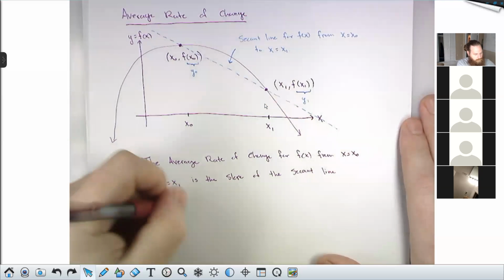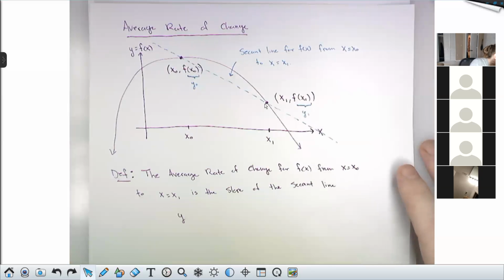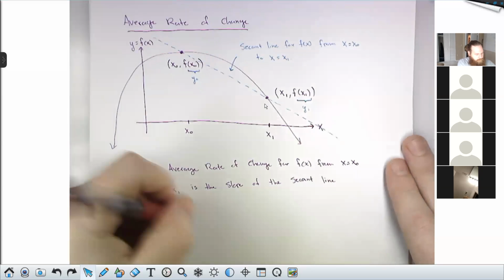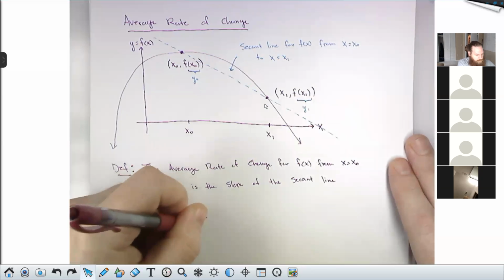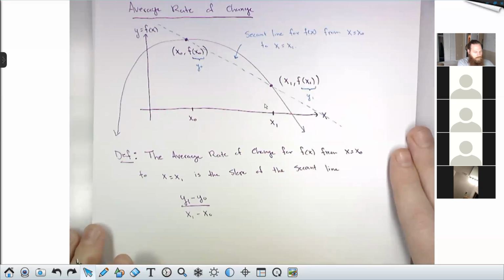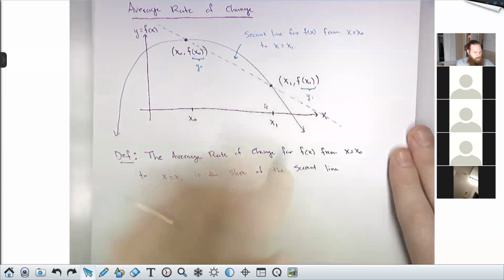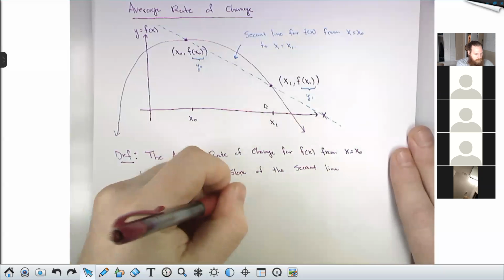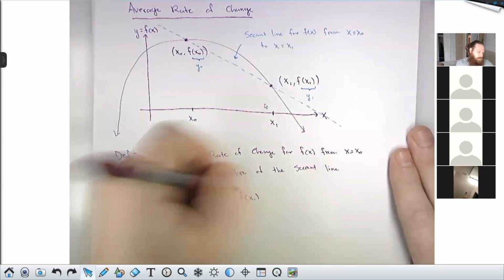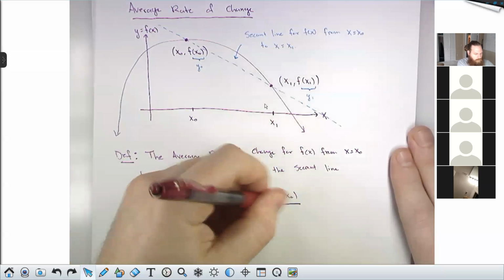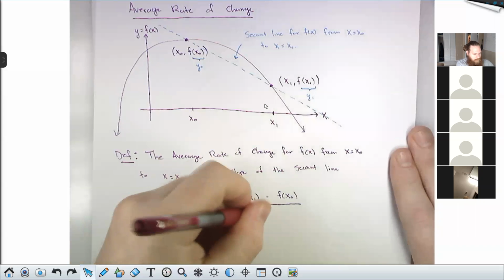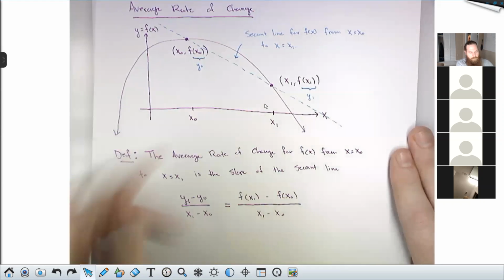Which is going to be, what order did I write it in previously? y0 minus y1 or y1 minus y0? We'll be consistent here: y1 minus y0, over x1 minus x0. Which can also be written in function notation as f of x1 minus f of x0, all divided by x1 minus x0.